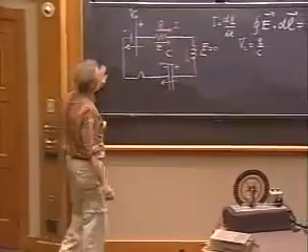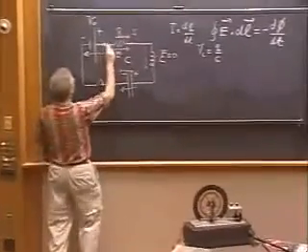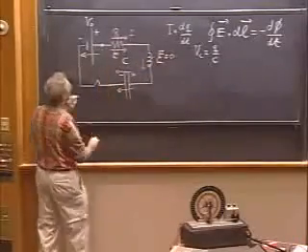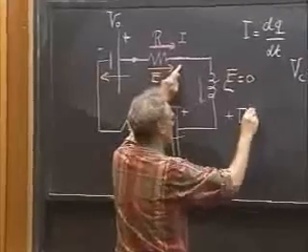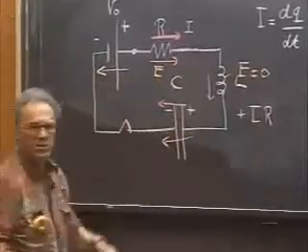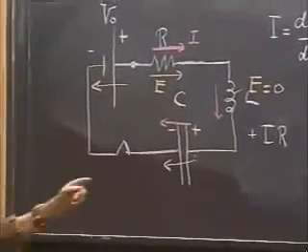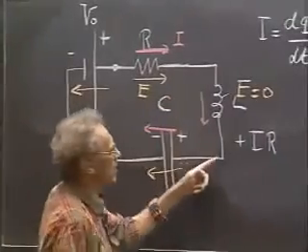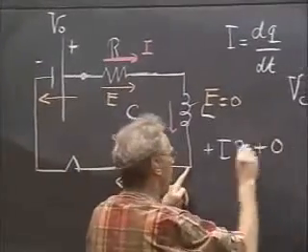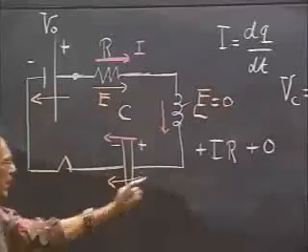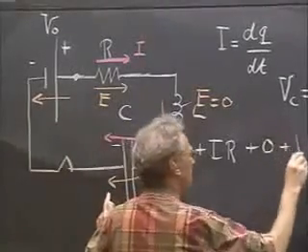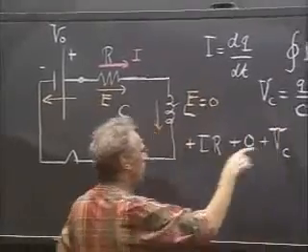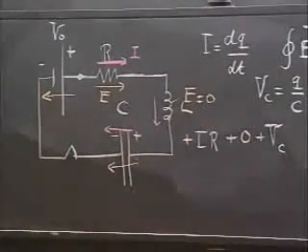If you're ready for this, and I start here, and I go clockwise around, then from here to here, I get plus IR. Going through the self-inductor, the integral E dot dl from here to here is 0, because there is no electric field inside the self-inductor. Going from here to here, I get plus VC. That is what we call the potential difference over the capacitor.